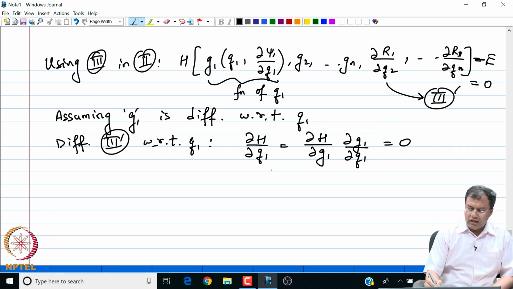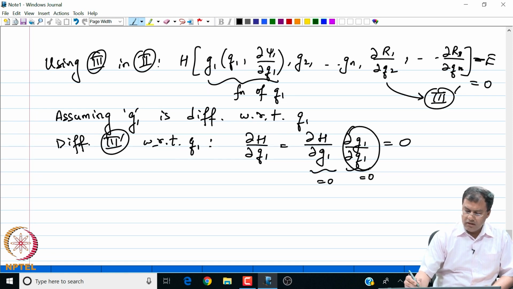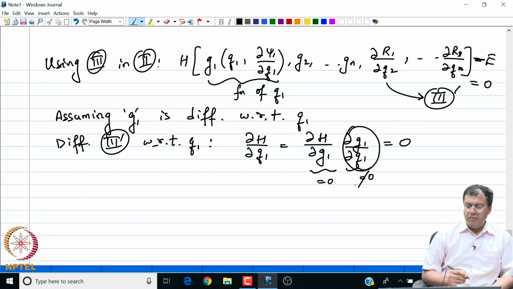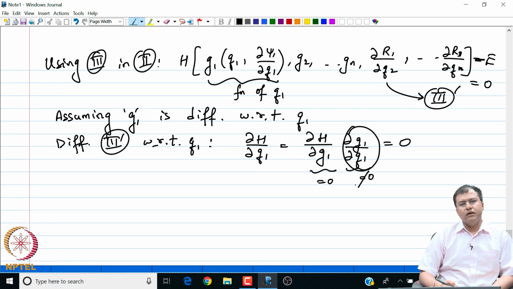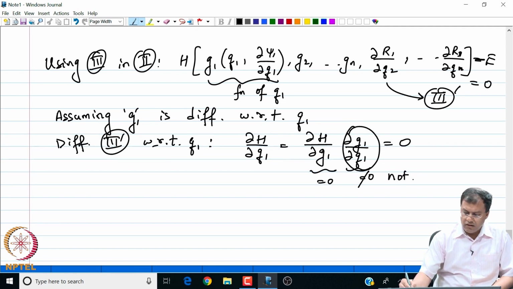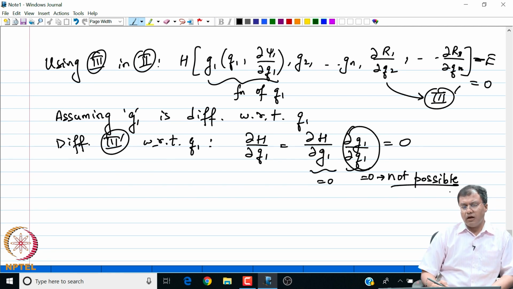Now, this equation tells us that either this is 0 or this is 0, but this one cannot be 0, because in other words we would be saying that an arbitrary function g1 is constant with respect to q1, and g1 is only a function of q1. So, which means the function g1 is essentially a constant. So, this equal to 0 is not possible, because that cannot be the case.